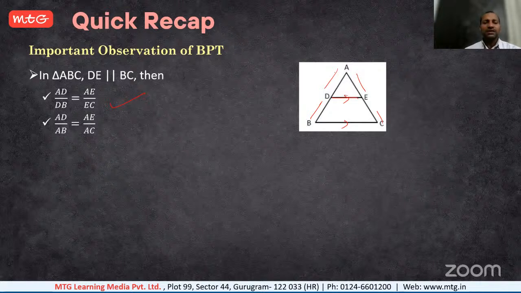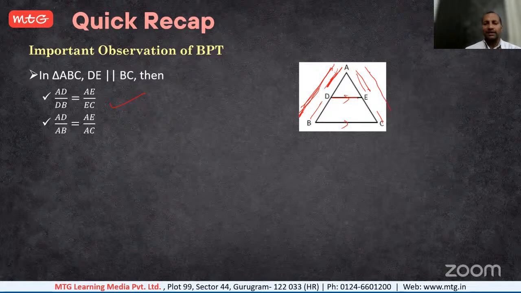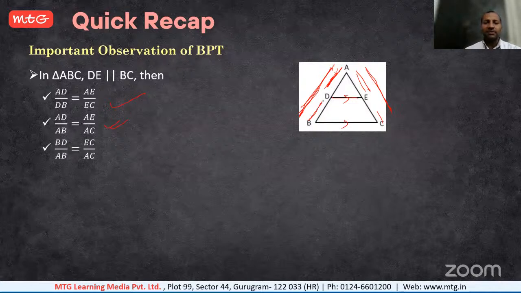Another thing we can say: AD by AB, that is AD by the whole side, is equal to AE by the whole side AC. That is also true. And similarly, BD by the whole side is equal to CE by the whole side.